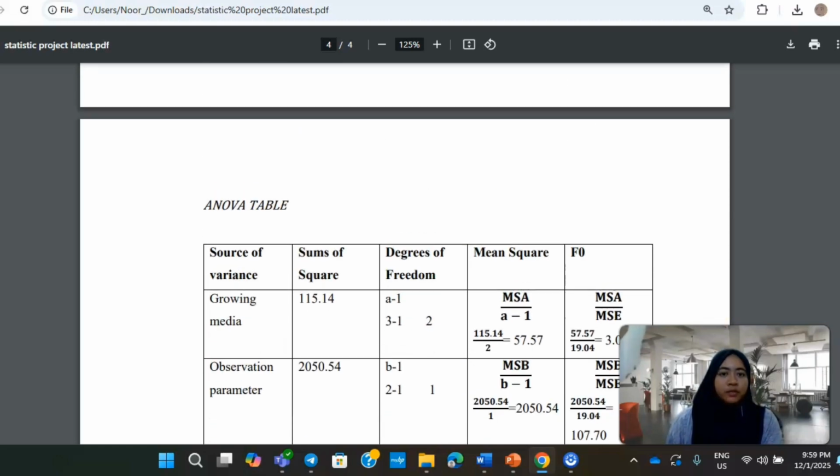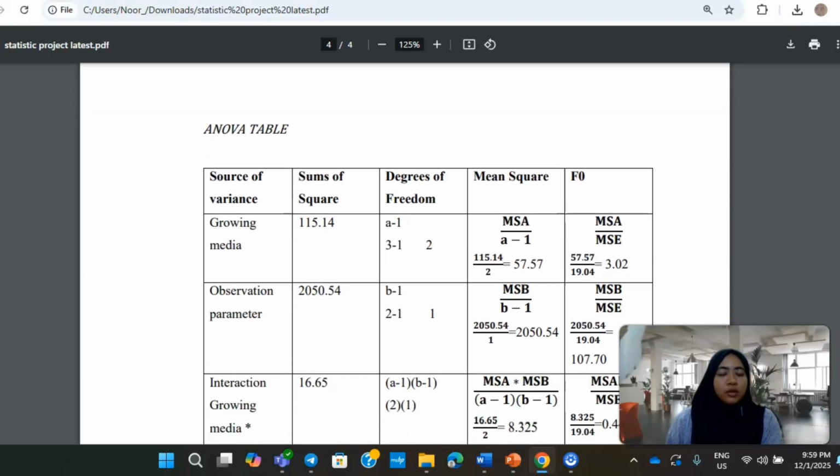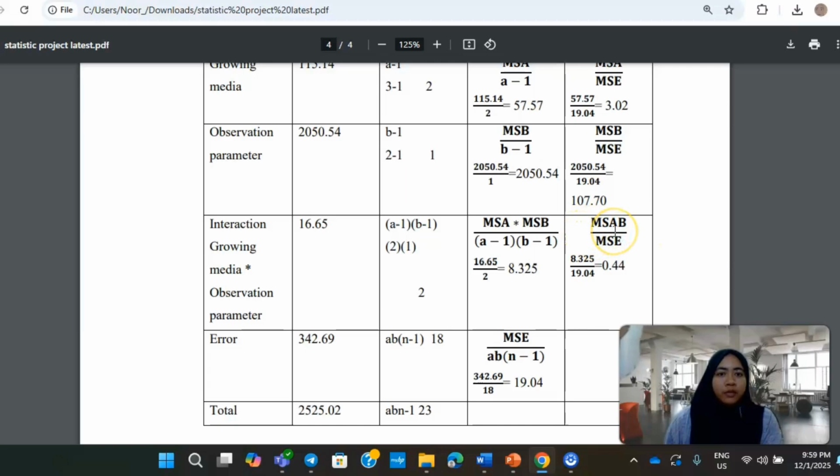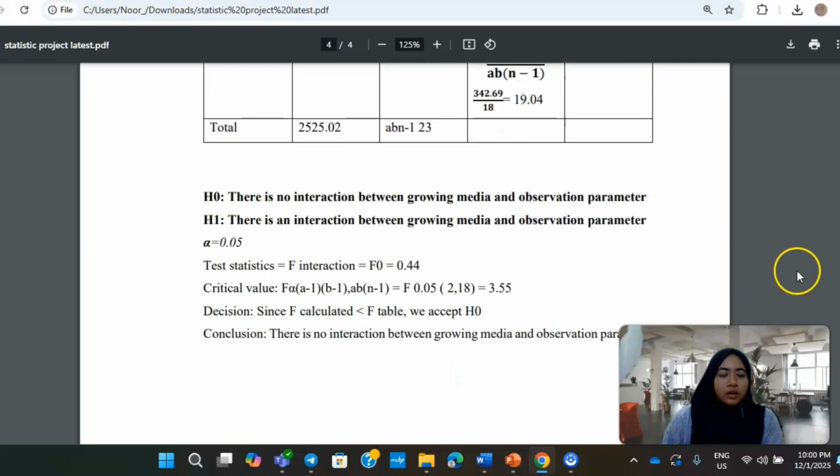After we get the mean squares, we can calculate the F null, which is the mean square of the interaction between growing media and observation parameter divided by the mean square of error, and we get 0.44. Back to the hypotheses: the null is there is no interaction between growing media and observation parameter, and hypothesis 1 is there is an interaction. Using alpha 0.05, the test statistic equals F interaction, which is 0.44.